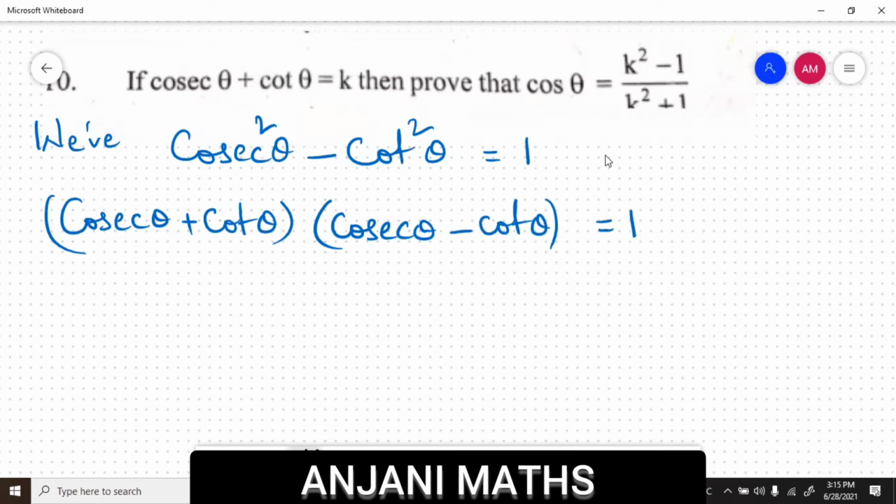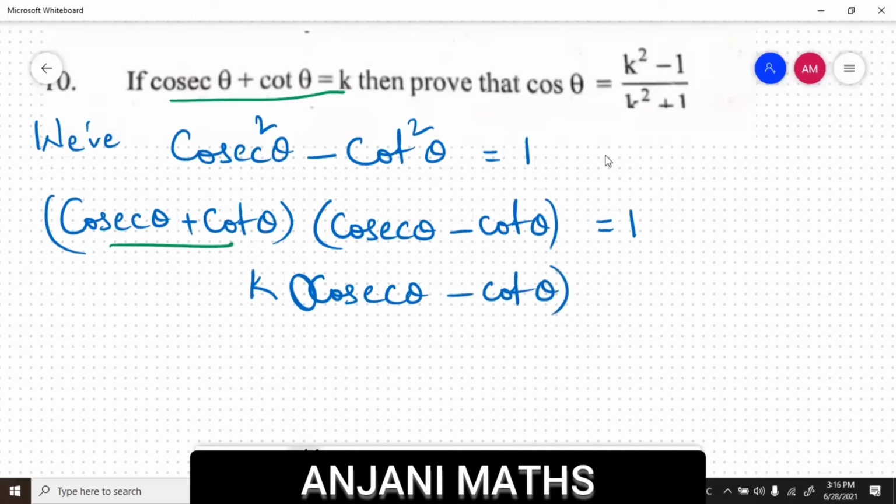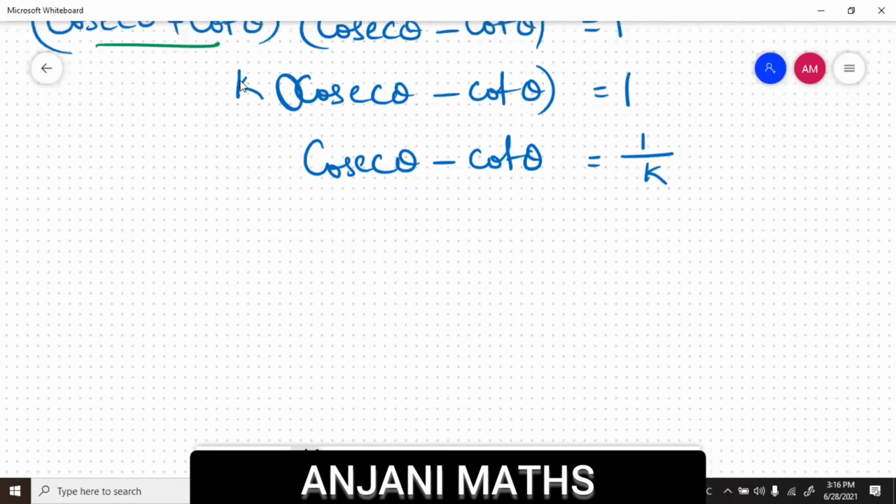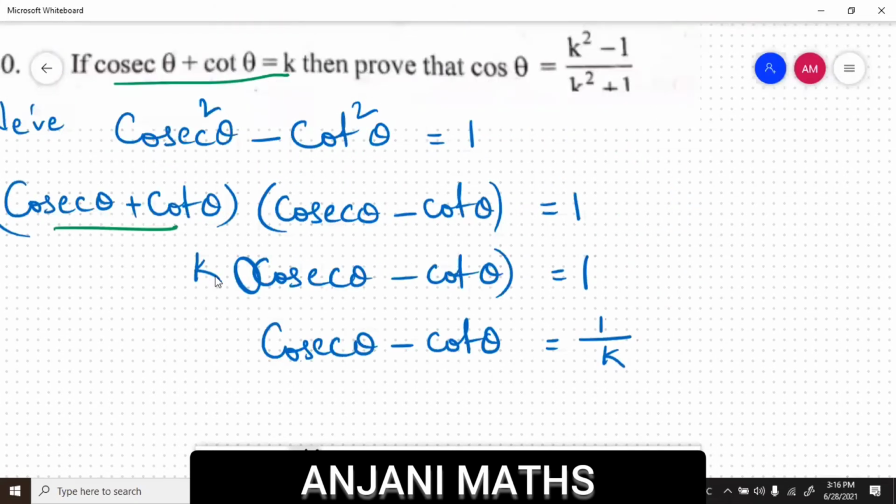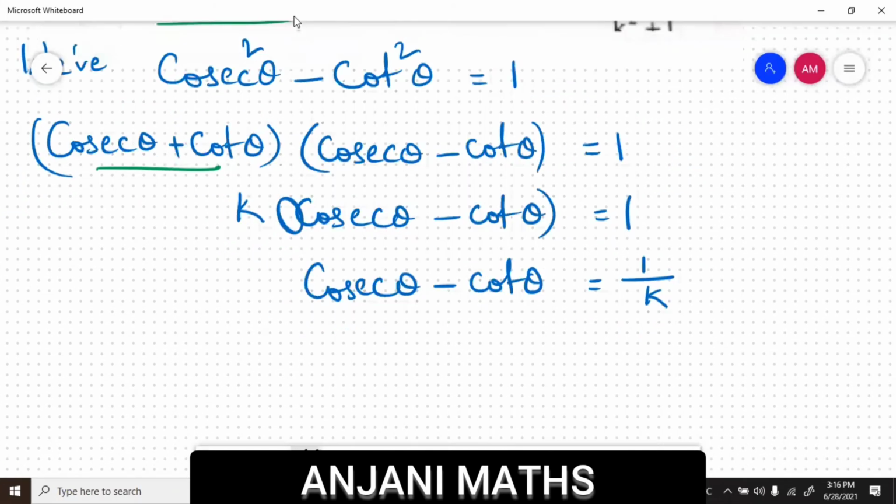So they gave cosecant theta plus cot theta is equal to K. We replace this with K. So K into cosecant theta minus cot theta is equal to 1. So from this, what is cosecant theta minus cot theta? That is equal to 1 by K. So what they asked, we have to find cos theta.